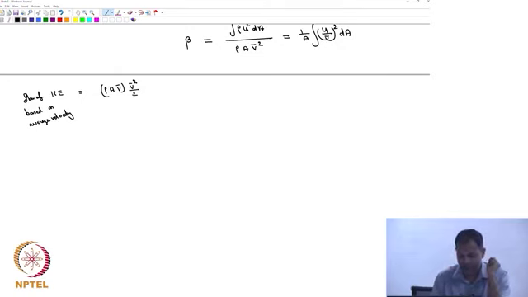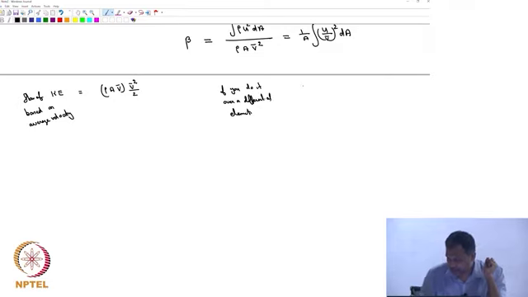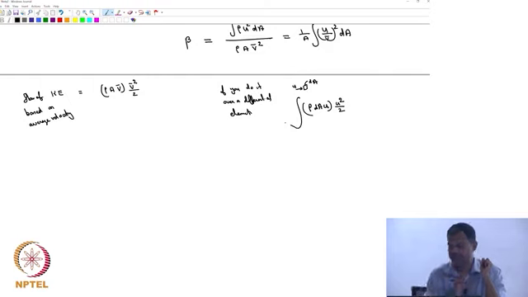But if you do it over a differential element, you have a small area dA through which something is going with a velocity u, and you would say that's rho times dA times u times u square by 2, and then integrated.